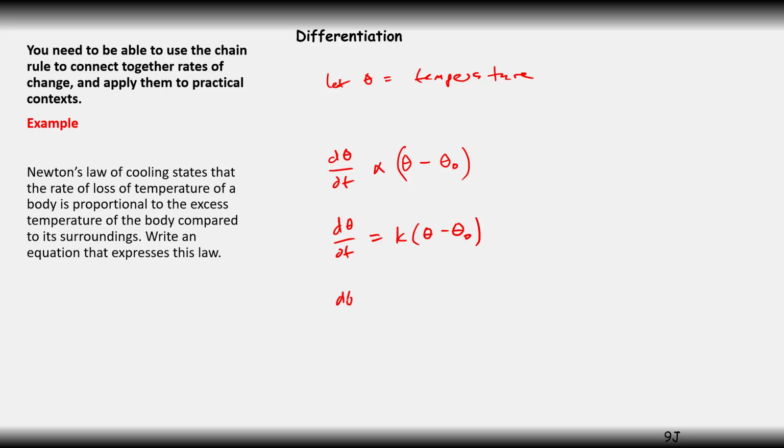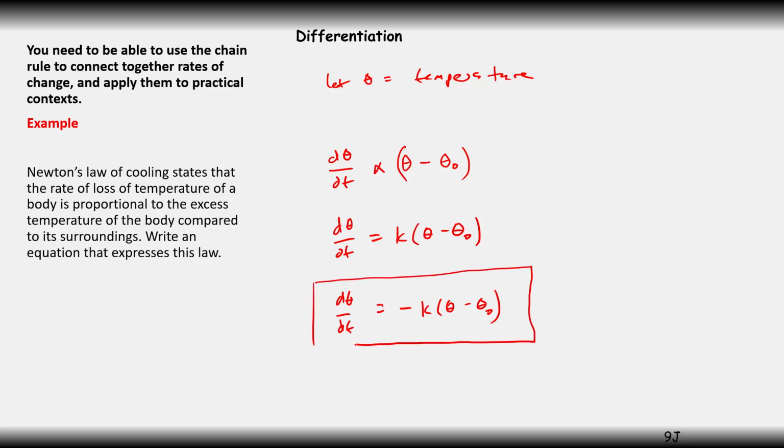So d theta by dt is equal to minus k times theta minus theta naught. Hit pause. Copy the example down. Once you've done that, hit play, and we'll look at one more example.